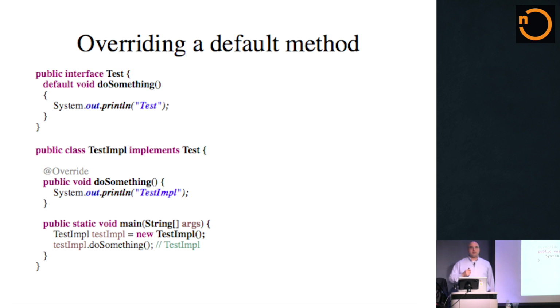Yes, question? Would that happen in a backwards compatible sense as well? So the question was, what if I already had a class that had an implementation of do something, and then I went and changed it to a default, and no override.